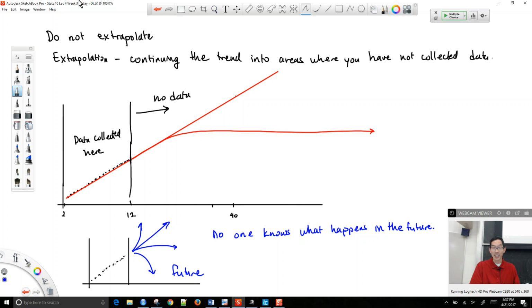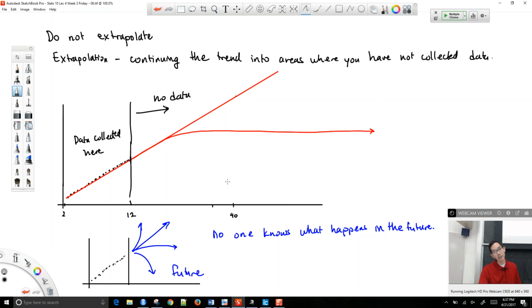Somebody applied it all the way back to adding machines, and it looks like it's held true for 100 years. It may continue to hold true, it may not. We have no idea. And so trying to predict the future is not a good thing. So extrapolation, don't do that.